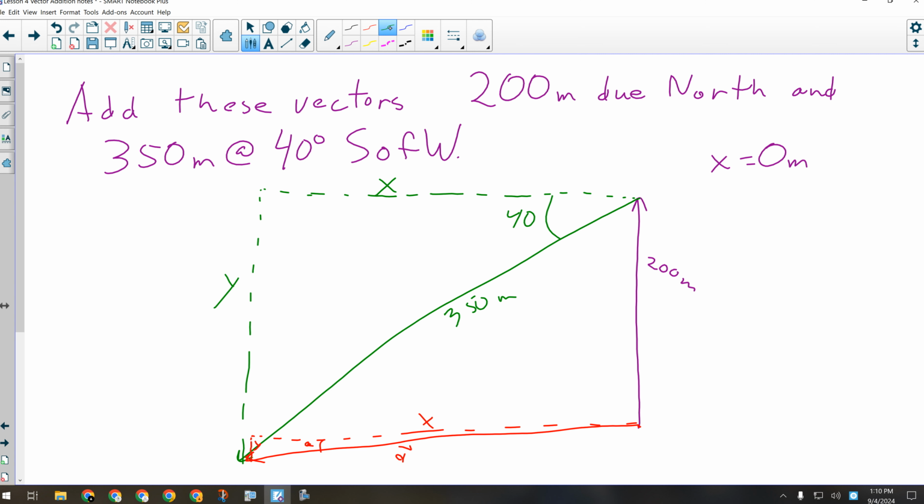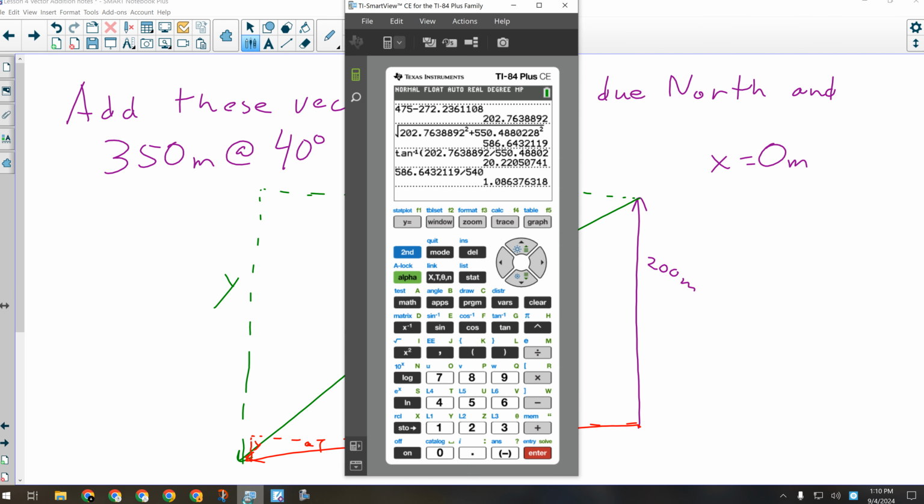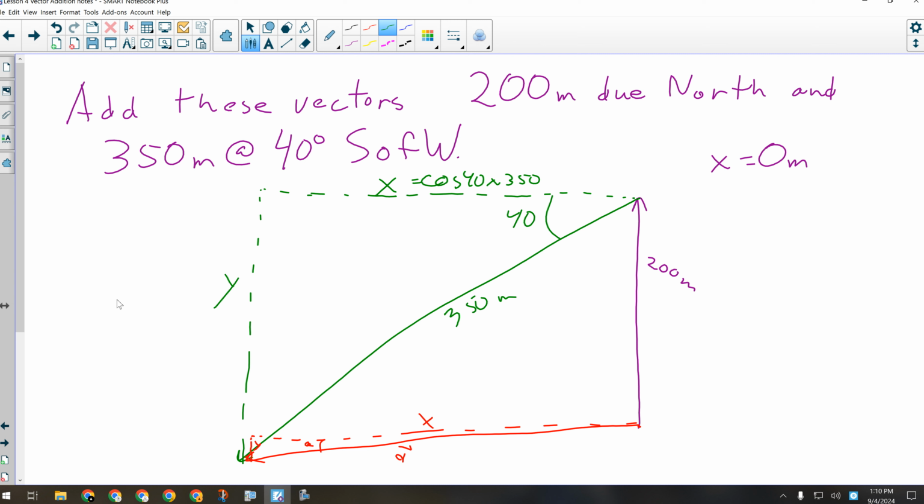Then, for the green triangle, I just do what I always do. I find x, it's the adjacent side. I find y, it's the opposite side. So green x will be the cos of 40 degrees times 350. That's 268 meters. I'm keeping all the decimals in the calculator.